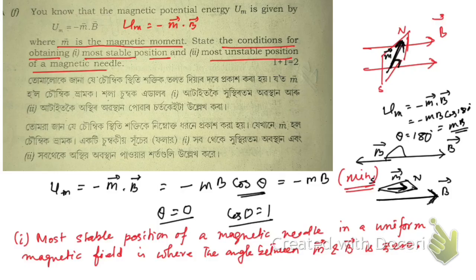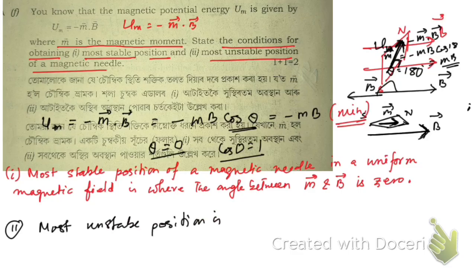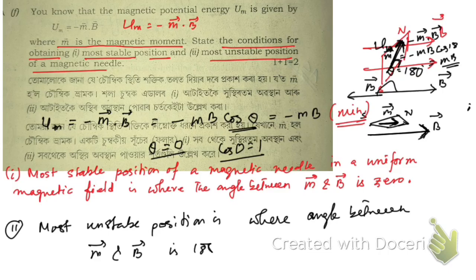Let me write all these things here. So the answer to the second question: the most unstable position is where the angle between the magnetic moment vector M and the magnetic field vector B is 180 degrees.